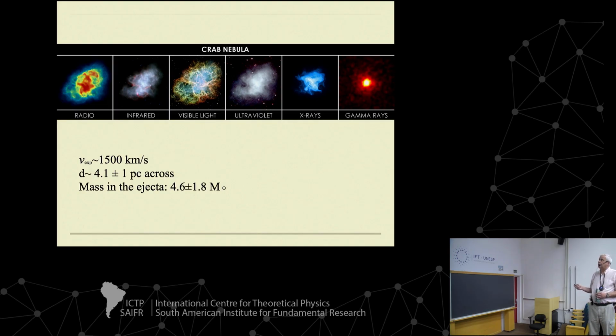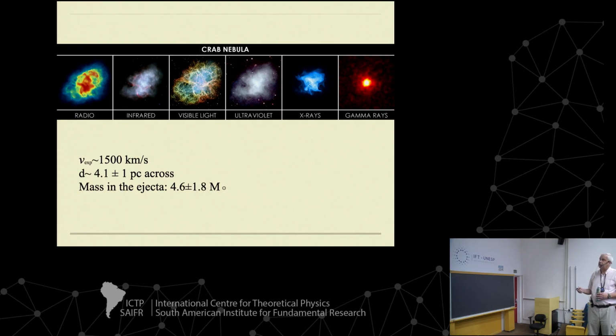This was, during many, many years, the standard candle for gamma ray astronomy, to the point that sometimes the Crab unit is used as a measurement of the intensity of a gamma ray source. And some basic data about this supernova remnant. The expansion velocity of the shell seems to be of the order of 1,500 kilometers per second now.